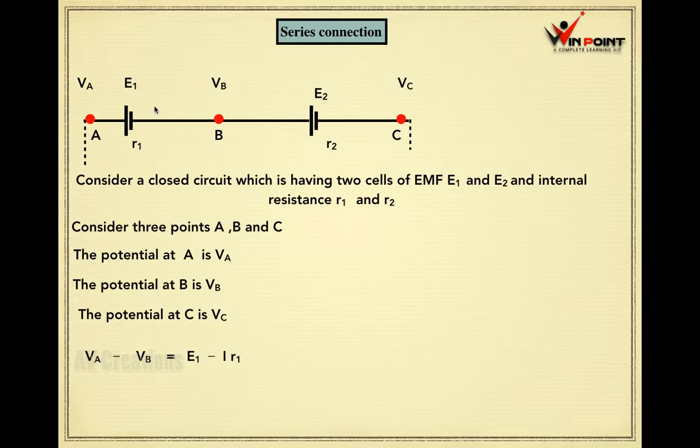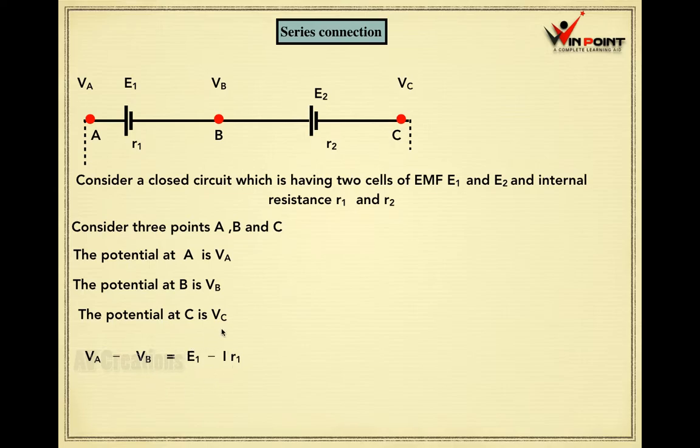There will be some potential drop inside the cell because of internal resistance, which is equal to I into small letter r. So here the maximum potential is E1, but we are not able to use all of it. The potential difference between these two points will be E1 minus IR1, total EMF minus the potential drop across the internal resistance.